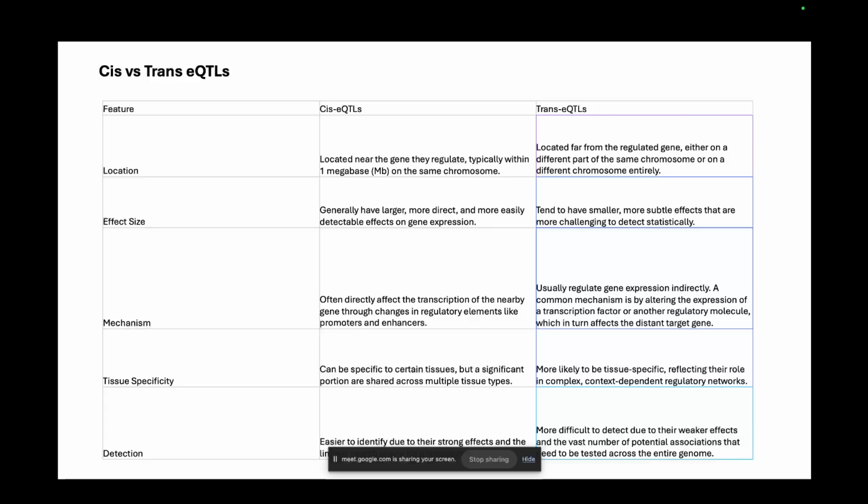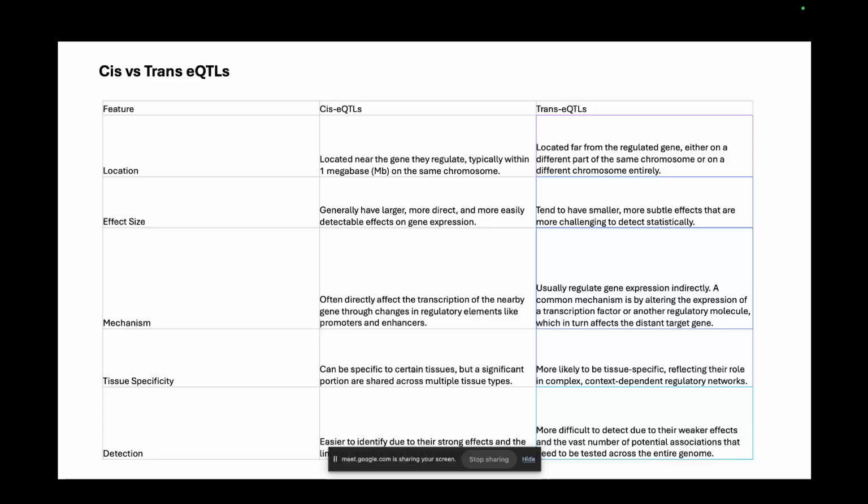So the effect size determines how much the impact is. Generally, cis eQTLs which are present nearer to the gene they regulate are likely to have larger, more direct and more easily detectable effects on gene expression. And trans eQTLs, which are present far away from the gene, tend to have smaller, more subtle effects that are more challenging to detect statistically.